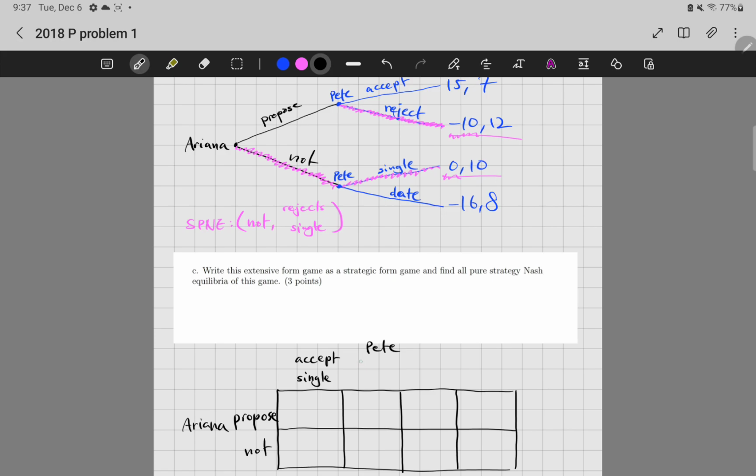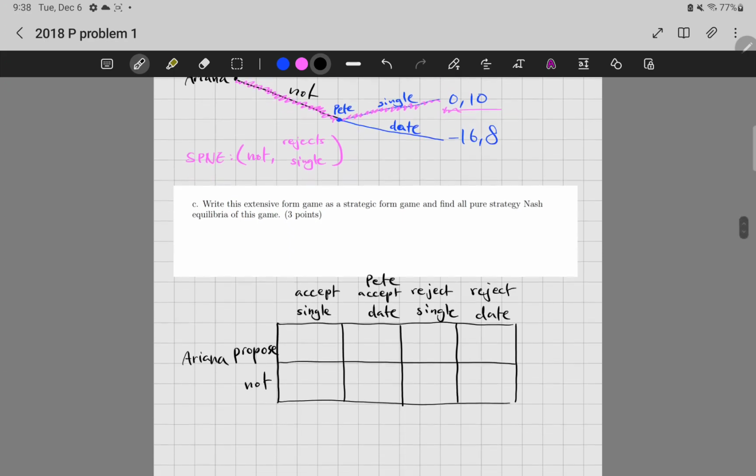However, if Ariana proposes, he can also accept, but date instead of staying single if Ariana does not propose. Also, if Ariana proposes, he can reject and stay single if she does not, and he can also reject the proposal but date someone else if she does not.